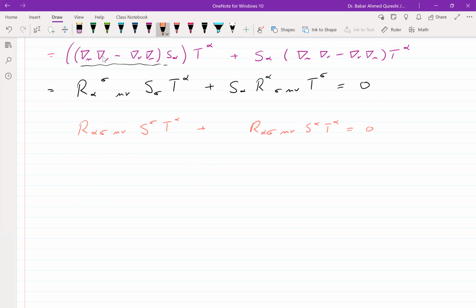This S alpha, in the first term, I have a sigma on S and alpha on T. In the second term, I have alpha on S and sigma on T. I want them to have the same so that I can cancel them out, so to speak. So I replace alpha with sigma in the second term.